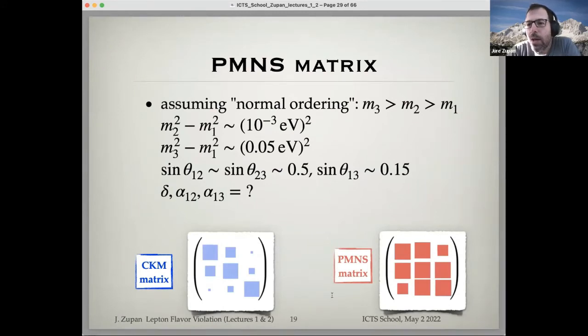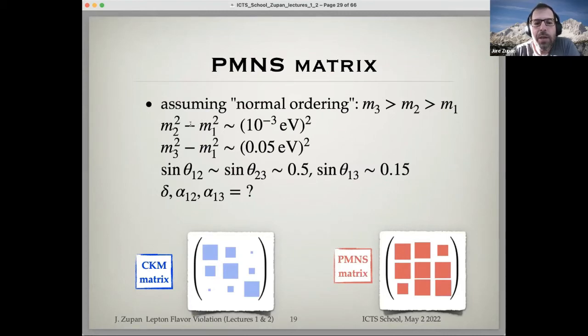Experimentally, what are the numbers? First of all, the neutrino masses are very small, and also the absolute scale and ordering is not known. So I'll just copy the numbers for the case where you assume that the 3rd generation is heavier than the 2nd, which is heavier than the 1st.